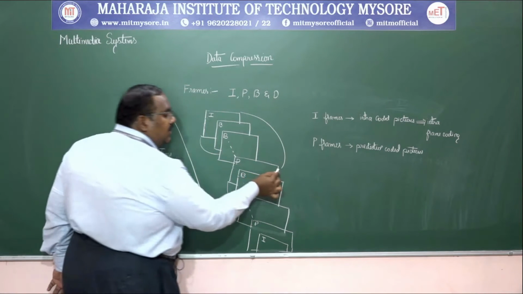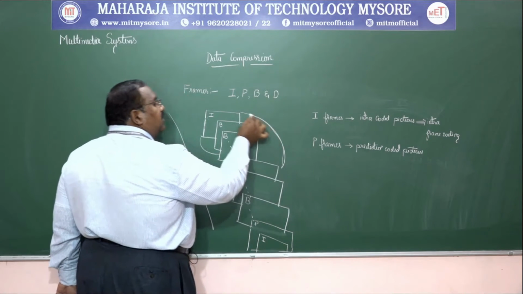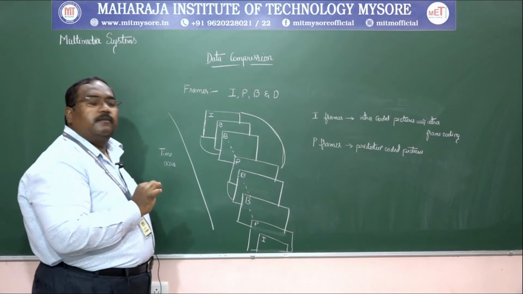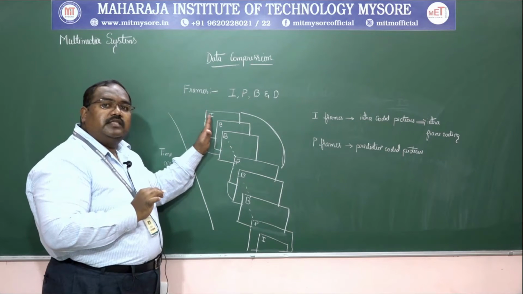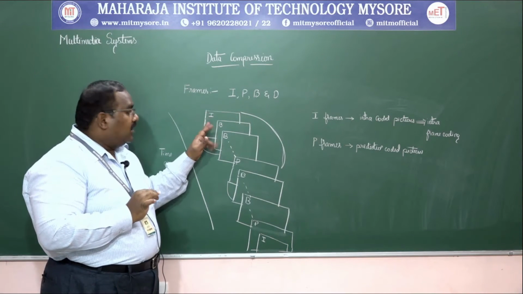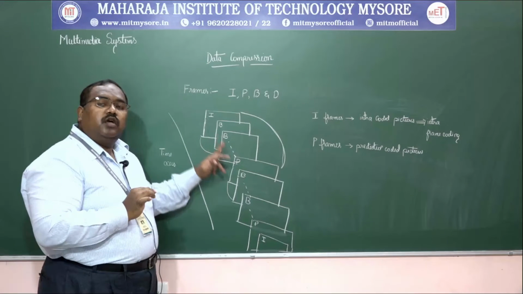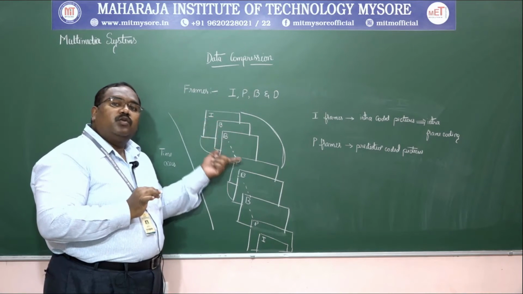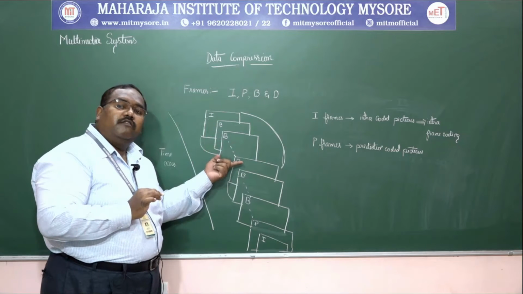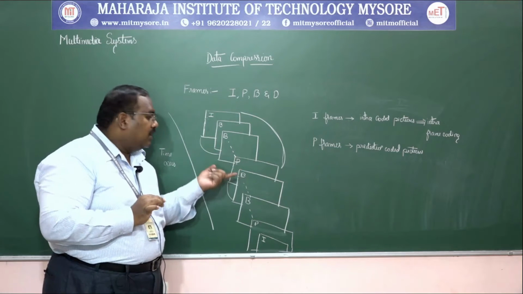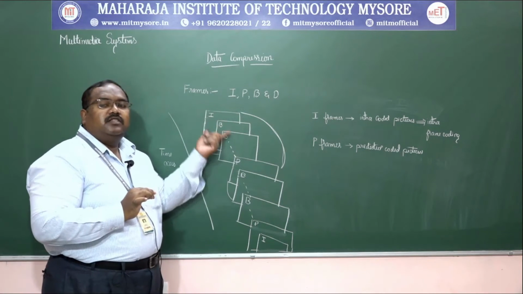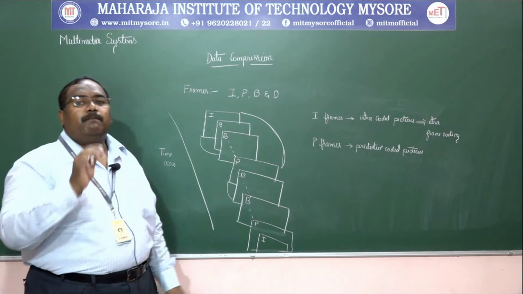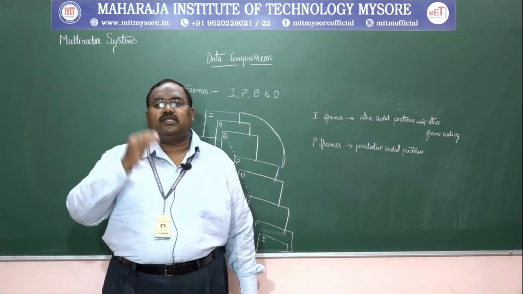That's why there is a link. It always refers to the previous I-frame. There are a lot of B-frames, so we predict what kind of frames might be there in between the P and the I. That's why we call it predictive coded pictures.